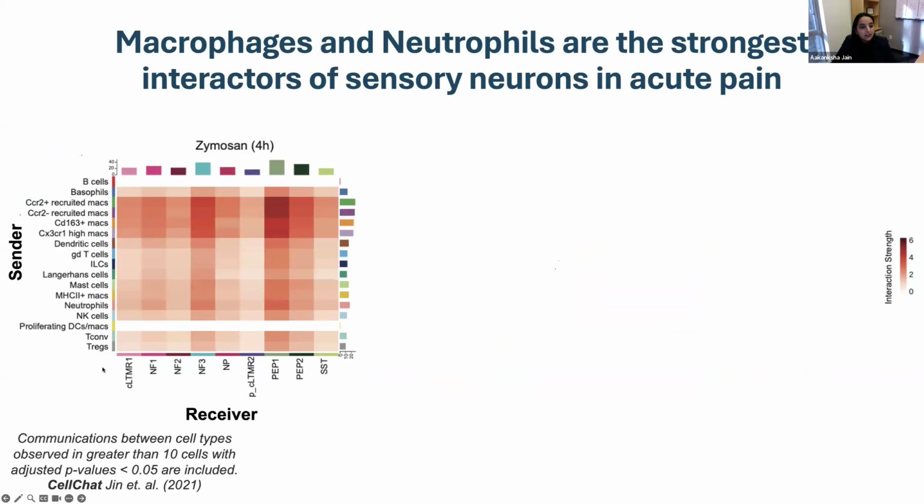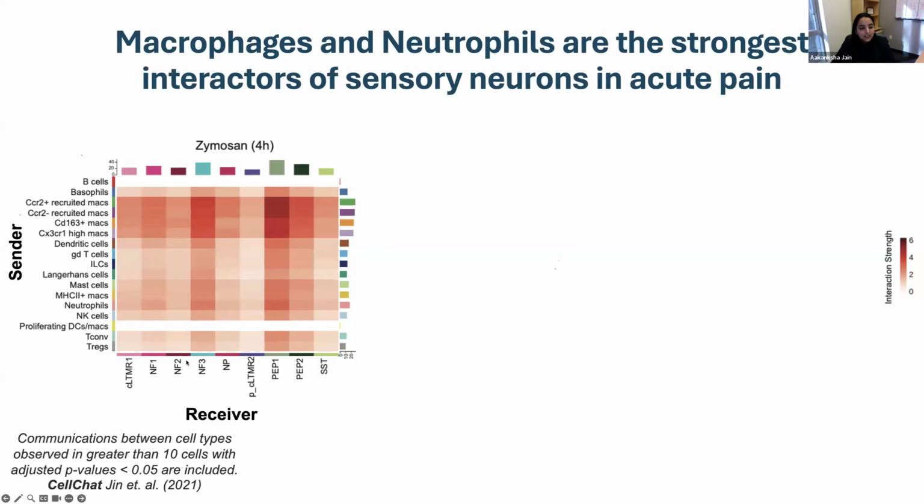So we had all these immune cell types that we identified in single cell sequencing, and these were all the sensory neuron types. I did not go into how this sensory neuron data was used from a previously published study from Clifford's lab.